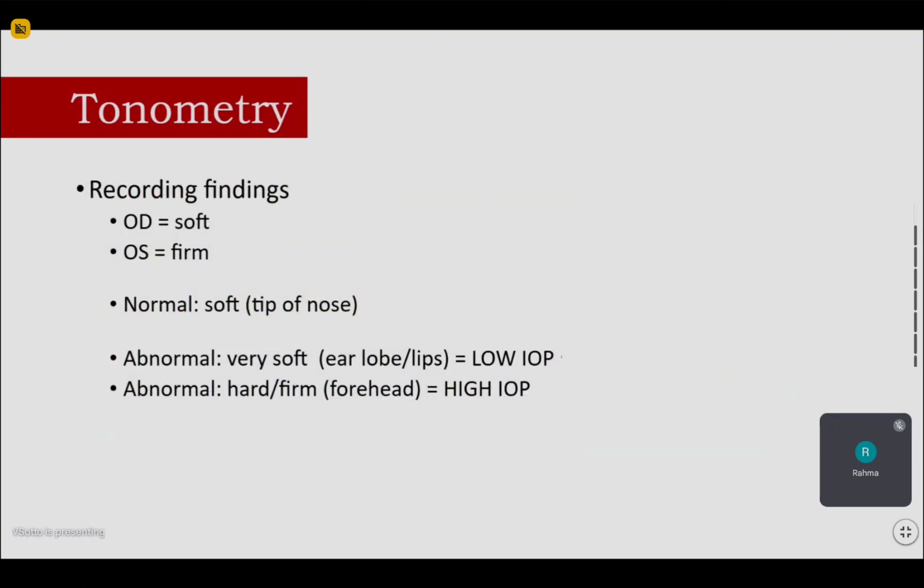Normally, it's soft like the tip of your nose. It's abnormal if it's very soft, comparable to your earlobe or lips. It could mean that the IOP is low. Or if it's very hard or very firm, comparable to your forehead, it could mean that the patient's IOP is high already.